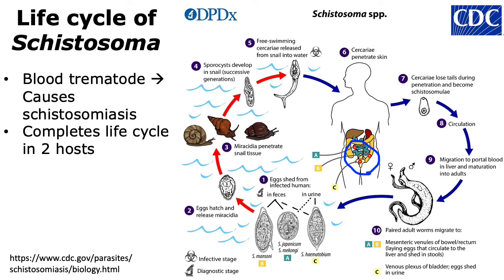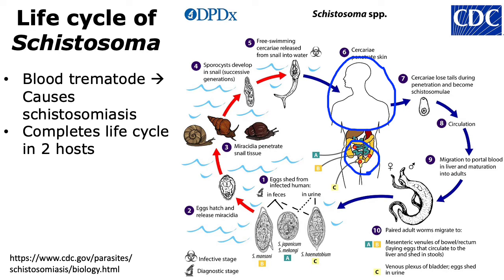Schistosomes are helminths that belong to the group of trematodes, and they cause the disease schistosomiasis. They utilize two hosts to complete their life cycle, and one of these hosts is a human. Humans are infected with schistosomes when they come in contact with water containing the larval forms of schistosomes.